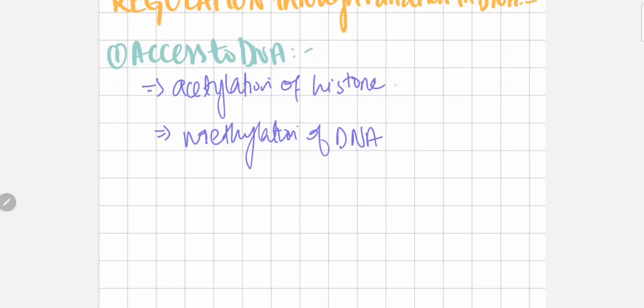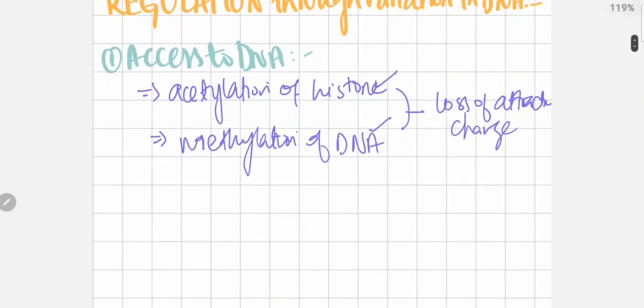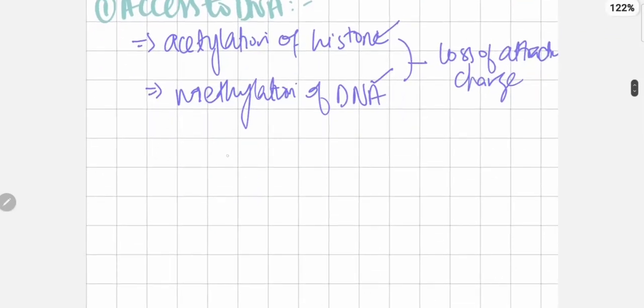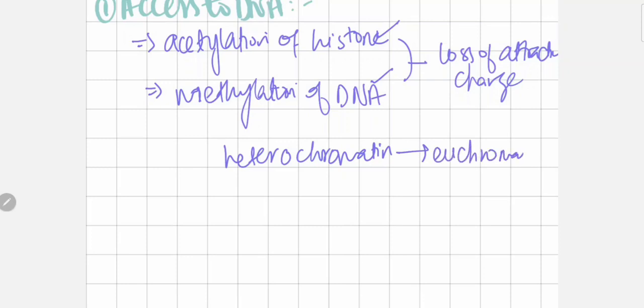Now what will happen is that there will be a loss of attractive charge and histone will leave DNA, and this is how we will have heterochromatin form into euchromatin, right?